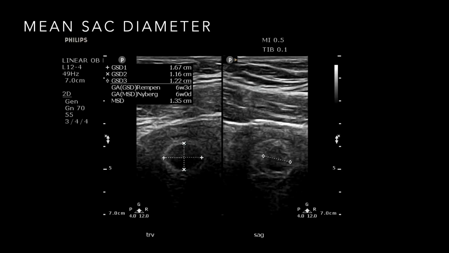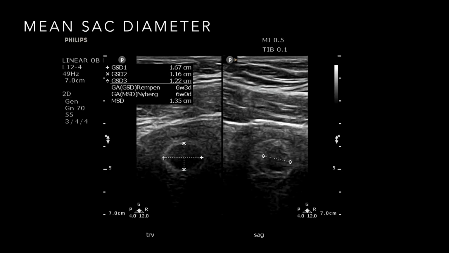Now, moving from there, there's a couple other things that we can do to actually put measurements on structures to get some numbers, right? And the first one is a mean sac diameter, right? And so the theory behind this is that the gestational sac grows at a predictable rate in the early first trimester, right? It starts small, and it gets bigger and bigger and bigger, and eventually becomes large. And that happens predictably over the course of that early time in pregnancy, right?